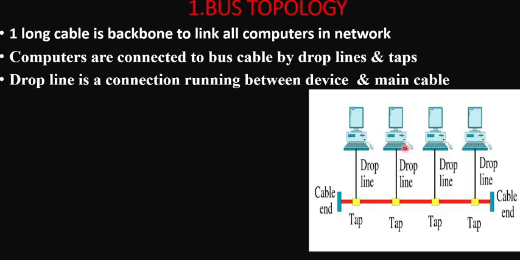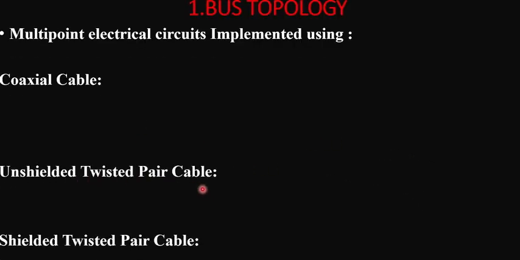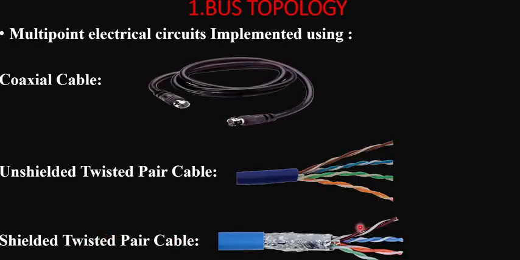You must be wondering what type of cable this LAN cable is. This red color cable, which is used for connecting the computers, is what type of cable? You can either use coaxial cable, unshielded twisted pair cable, or shielded twisted pair cable. Now what is the difference? Coaxial cable has a copper wire inside it. Normally coaxial cable is used for television; if you look behind your television you will see a coaxial cable.